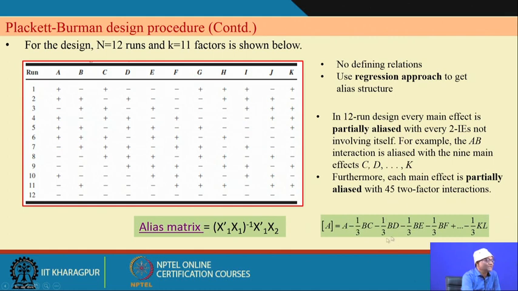So, this alias structure is obtained using the regression approach. You just see that using Excel you will be able to find out the alias structure.